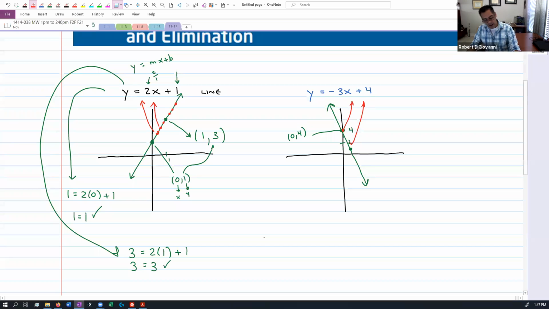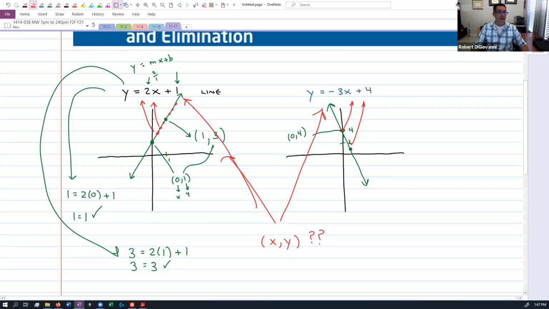is there an x and a y that would satisfy both of those equations at the same time? So like this point (1, 3) that we just did, it plugged into there and it was true, but would that answer work here? We could try it, right?